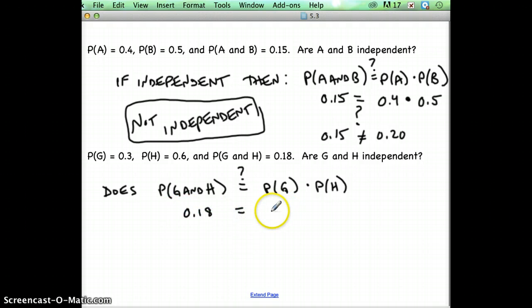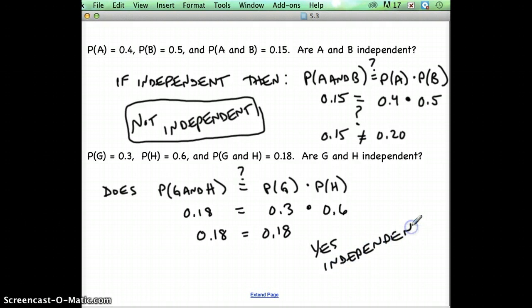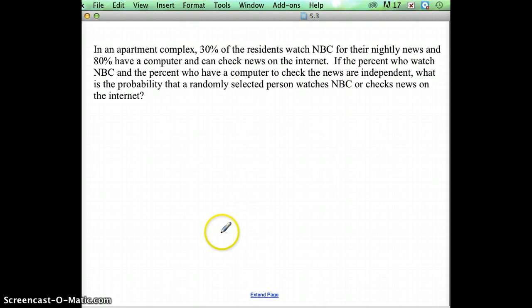Does that equal the probability of G, which is 0.3, times the probability of H, which is 0.6? Is that true? Yes, it is true, so therefore they are independent. Okay? All right.